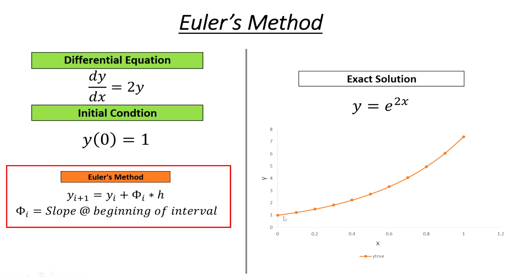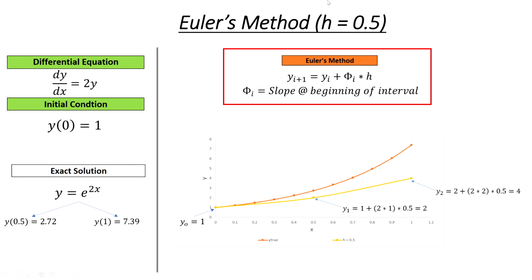And basically you're going to be taking the information at this point, linearly extrapolating to what the next point might be, then taking the information at that point, linearly extrapolating again, and keep doing it, and you're going to eventually trace out the original function, or the exact solution for this derivative. So let's actually see this for multiple step sizes.